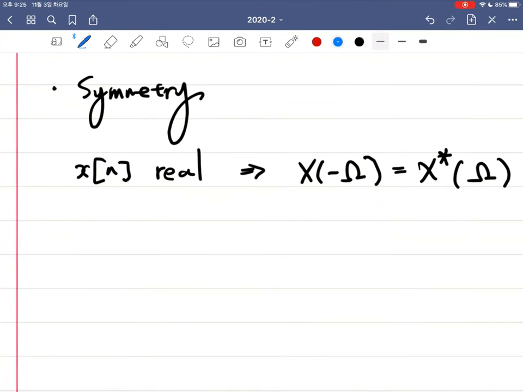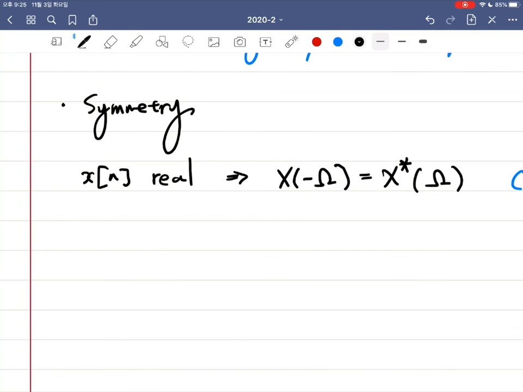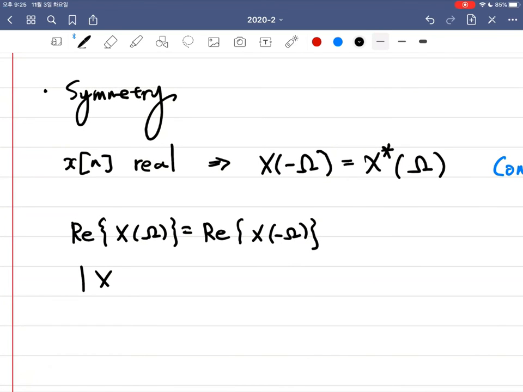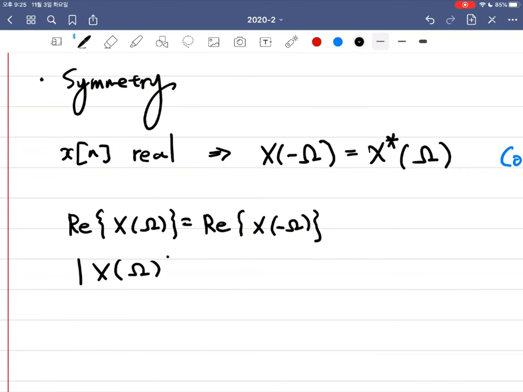And remember that we can say the real part of this Fourier transform has the property of an even function like this, and also the magnitude has the property of an even function.